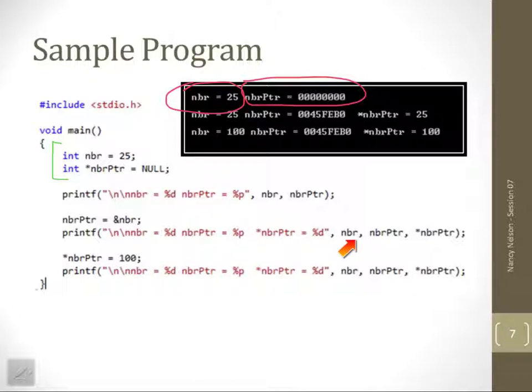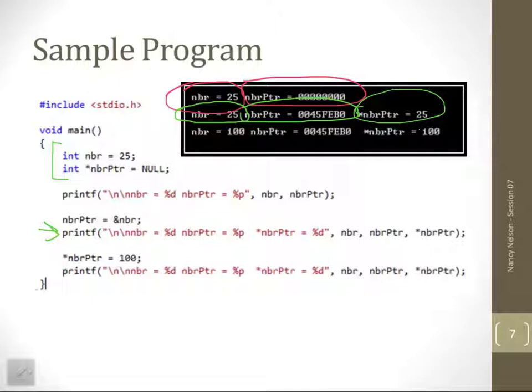So we're printing number, the pointer, and the contents of the pointer. If we look at that one, so we'll mark this one as green. So here we print number equals 25. My pointer has now been assigned to wherever number was in memory. So we know number went in at address 45FEB0 in this particular running of this program. But more importantly, the contents of number pointer is our 25.